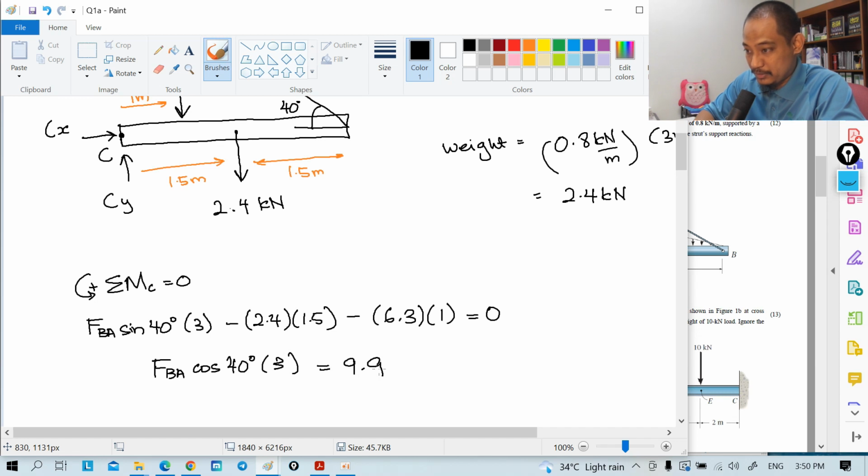So 9.9 divided by 3 and then divided by cos 40, FBA equals 4.308. This is in kilonewton, right?